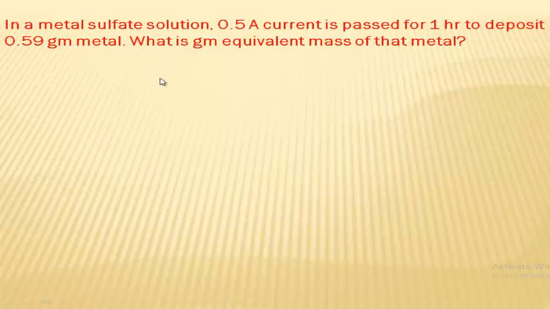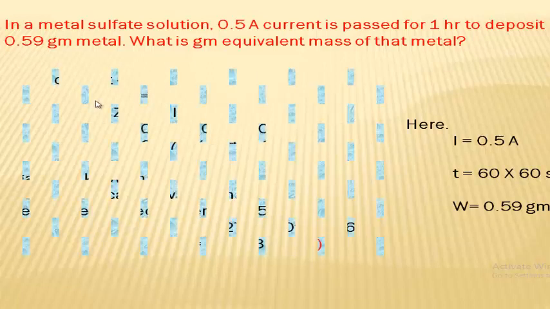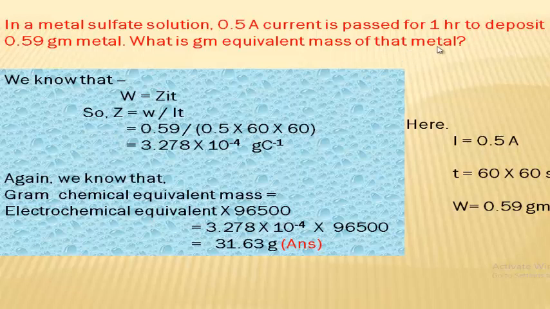It is a little bit different, but from the given values, at first we can calculate the electrochemical equivalent of the metal. Follow this. Here I, T and W are given, 0.59 gram. So putting these values, we can calculate the electrochemical equivalent of the metal, and we get the electrochemical equivalent as this.